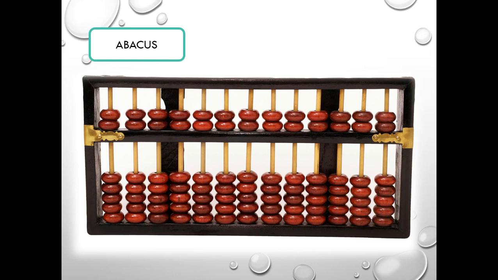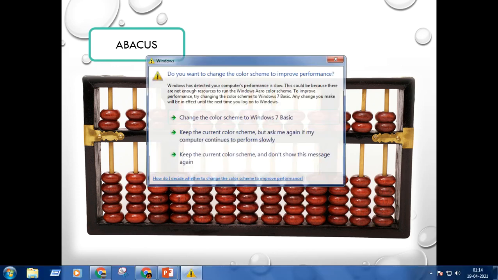In the heaven part there are rods with two beads each, and in the earth part there are rods with 5 beads each. These beads can be moved up and down to perform calculations. Only simple calculations like counting, addition and subtraction can be performed with it.